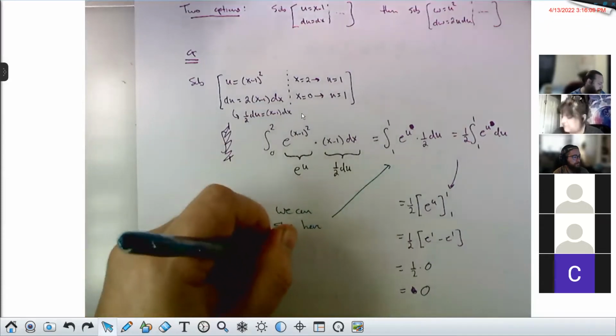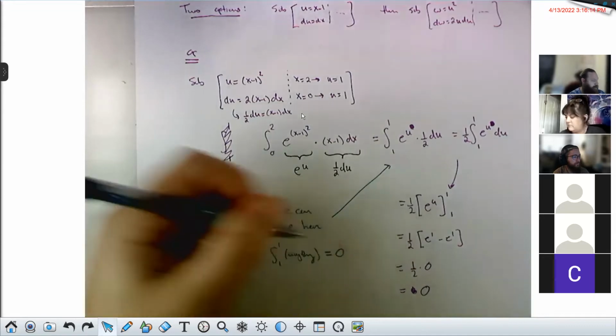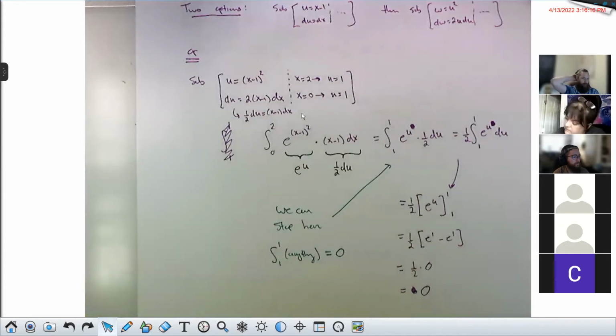Integral 1 to 1 of anything is automatically 0. Integral from a to a of anything is always going to be 0. If the upper and lower bound are identical, then you will always get 0.